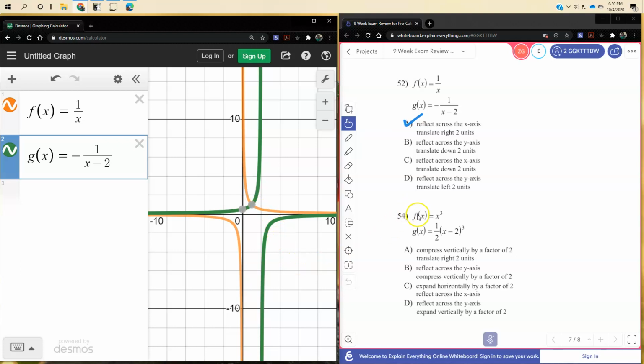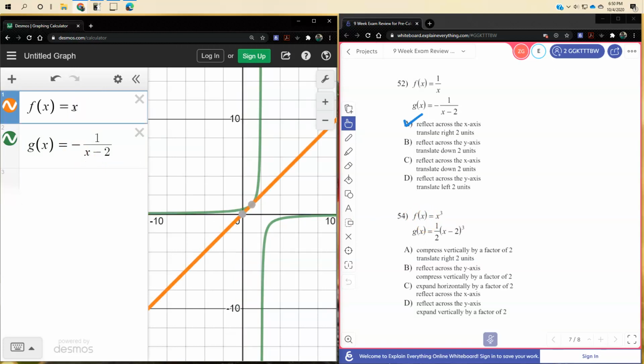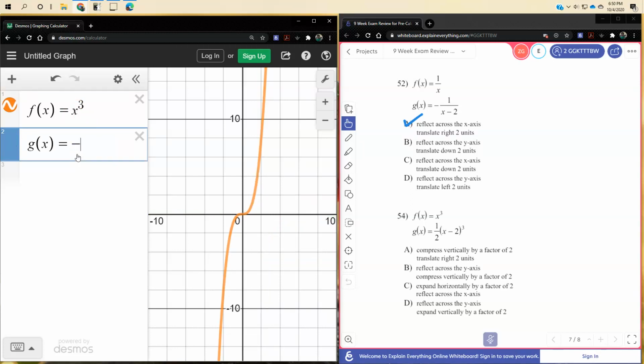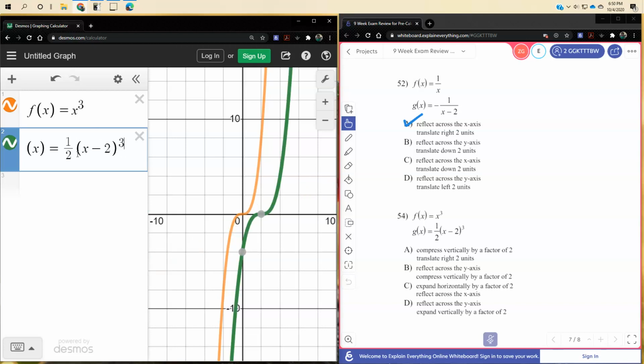The next one we have f of x equals x cubed. So I'm going to go ahead and change this to x cubed. So now we have a cubic function, and we have 1/2. Then we have x minus 2 and that's raised to the third power.